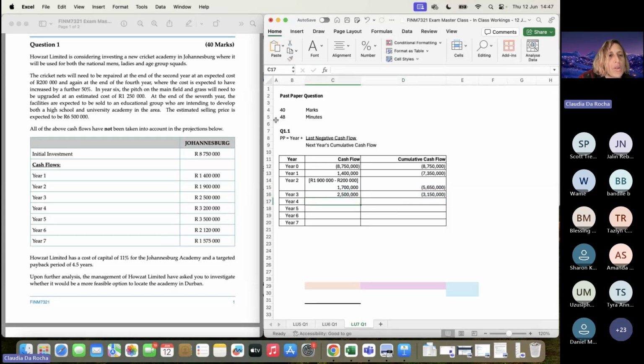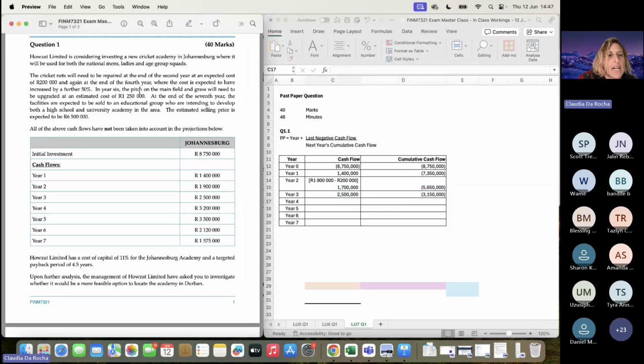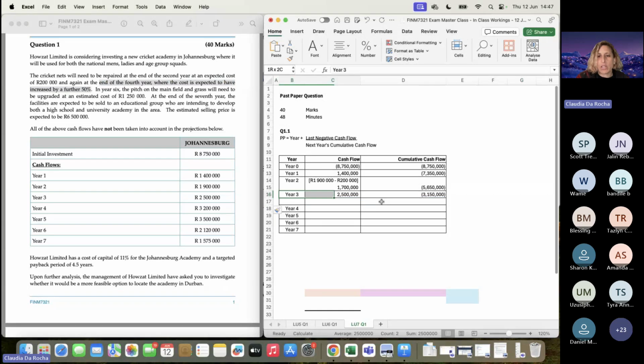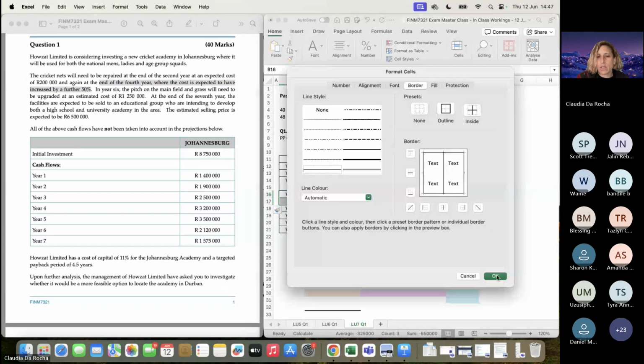In year four, we know that they again had an adjustment. The cost is expected to have increased by 50%. So in essence, it's quite similar to what we had in year two, but we're just showing the increase of 50%.